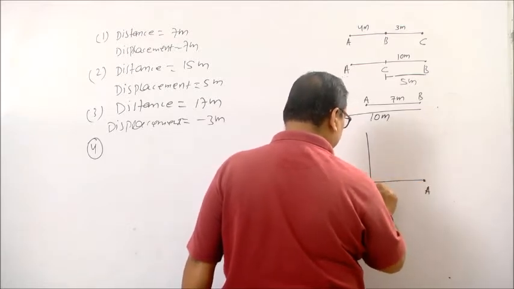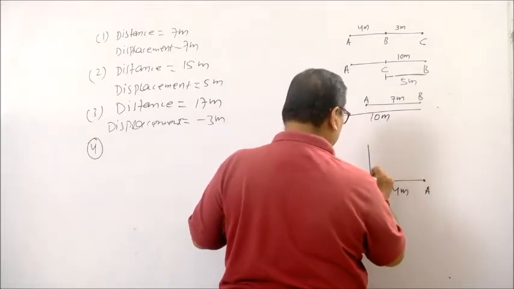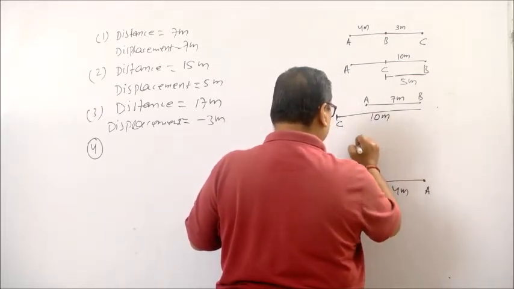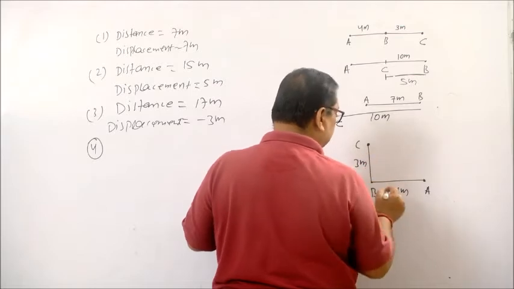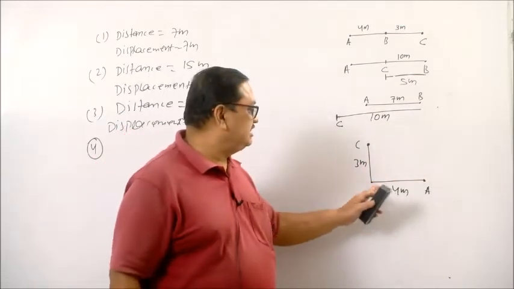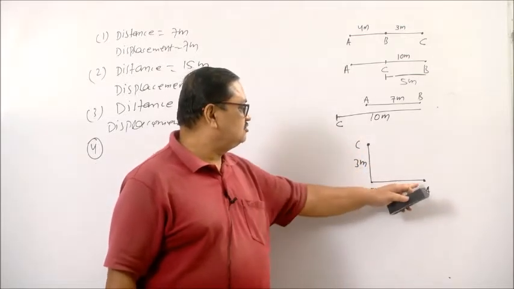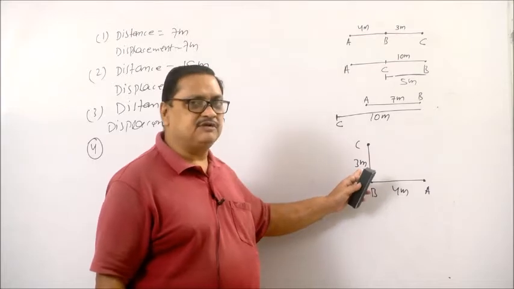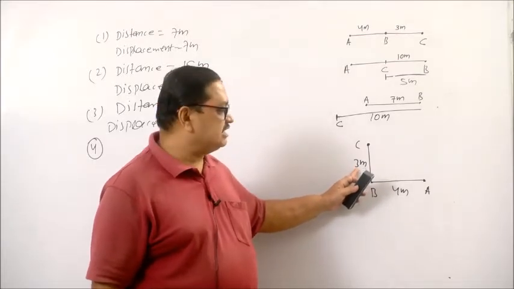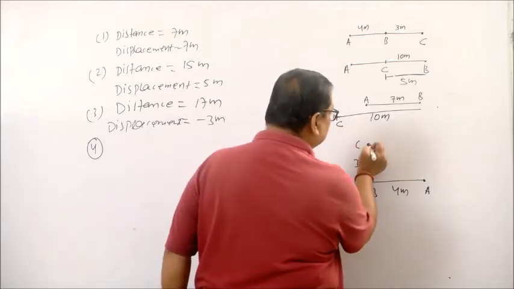Example 4. Suppose a body is moving from A to B, it is 4 meter, then it is coming to point C, that is 3 meter. So in this case, distance is A to B plus B to C, the path covered by the body is known as the distance. So AB plus BC, 4 meter plus 3 meter, 7 meter is the distance. But displacement is the straight line joining the initial point to the final point.